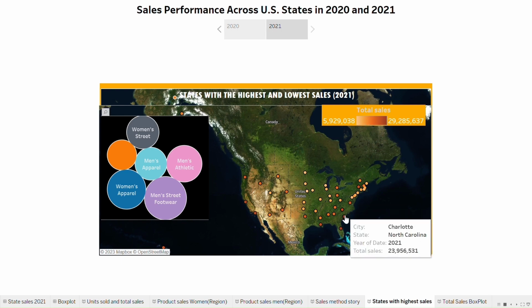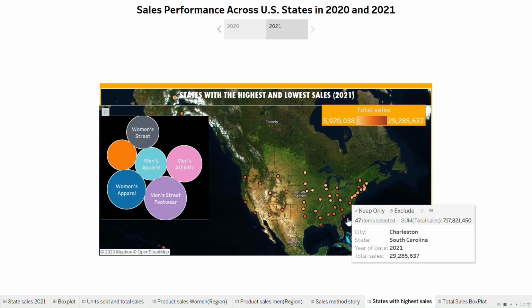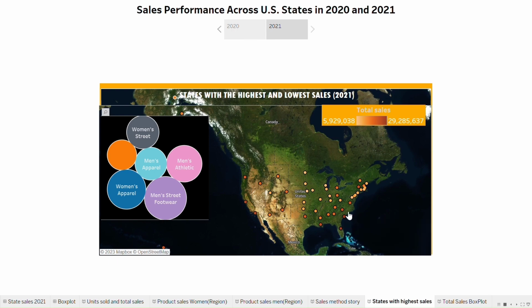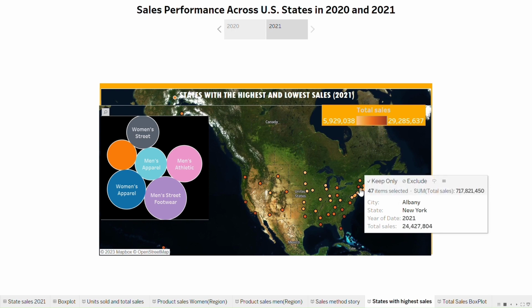So in 2021, South Carolina, Charleston had the most sales. Miami, Florida also had 27 million. And then I think New York dropped from 39 to 24 million.